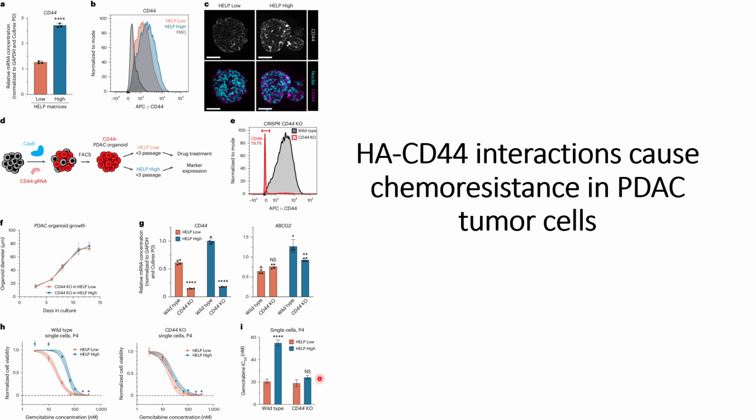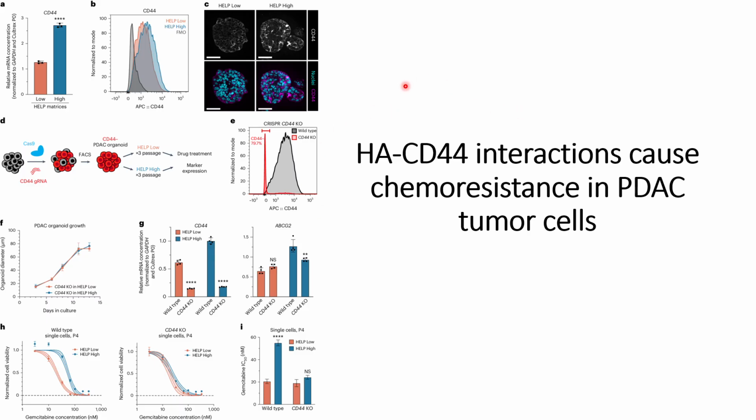And this is quantified in panel I, where they can see that in the case of CD44 knockout, the gemcitabine IC50 requirements are almost similar in both cases, or we can say there is no statistical difference, indicating that this HA-CD44 interaction is the initial step towards chemoresistance in the PDAC, and it might somehow also regulate the ABCG2 gene that acts as a drug efflux transporter.